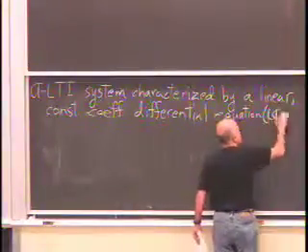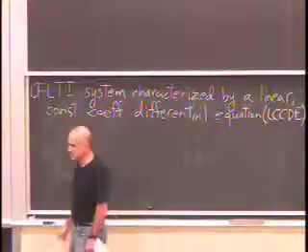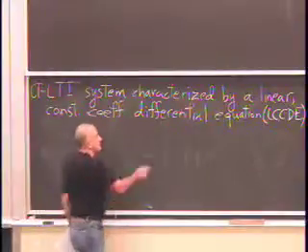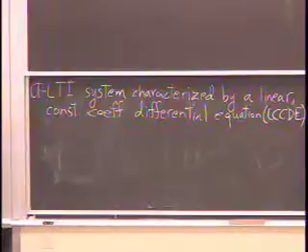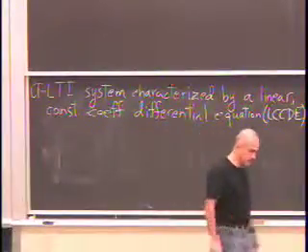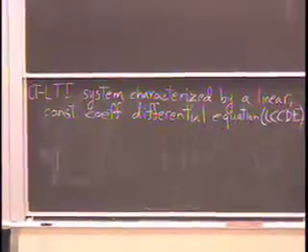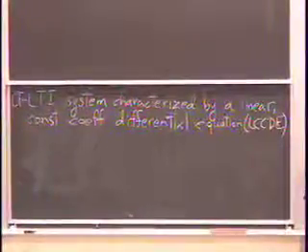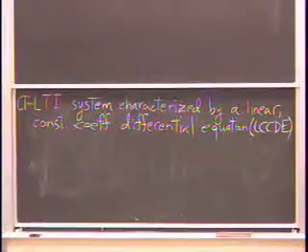We call these LCCDEs as well, because from the context, it's always clear whether we're in discrete time or continuous time. In discrete time, this would be a difference equation. Systems that are characterizable by a linear constant coefficient differential equation, just like their discrete time counterparts, will have frequency responses that are rational.